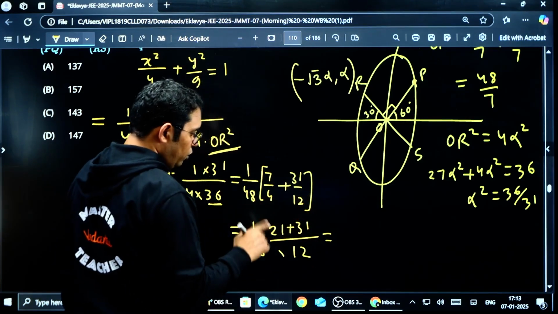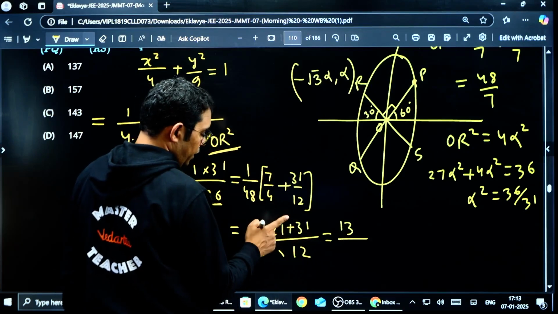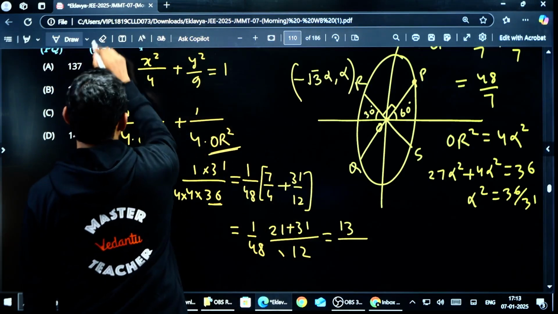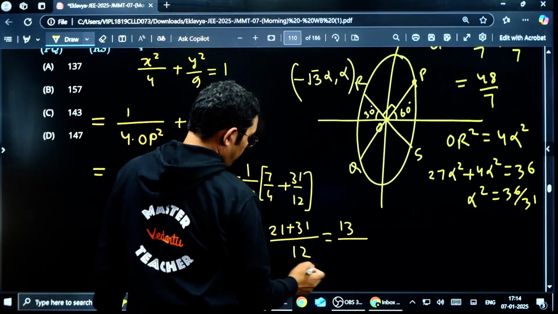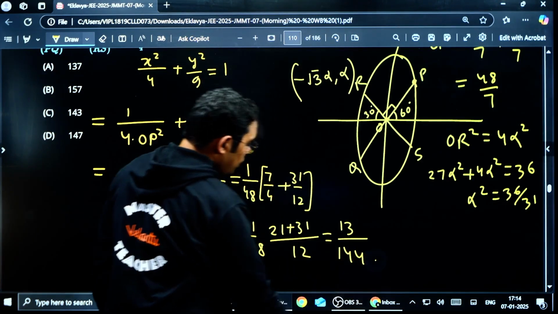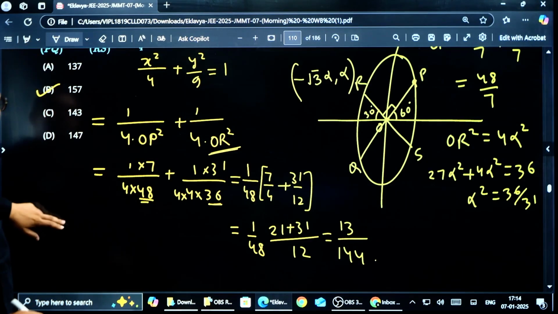So that 4 will cancel, so that will be 13 here. This is only 12, not that thing. So 48 into 3 is 144. So that will be 13 upon 144. So the answer for that should be 157. You can check. Yeah, B is the answer.